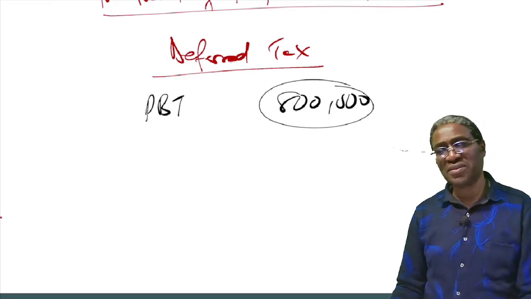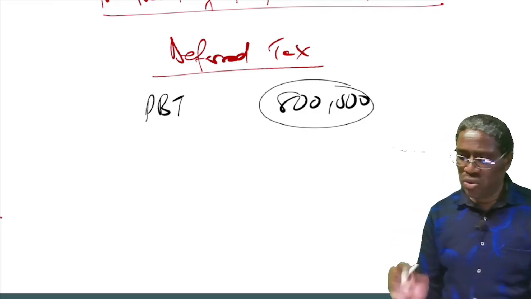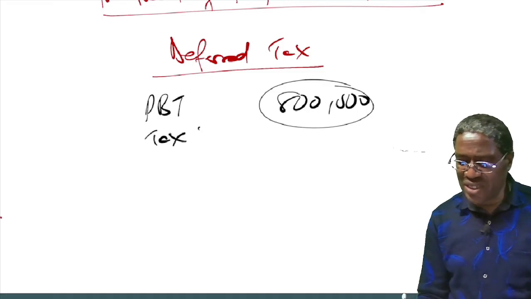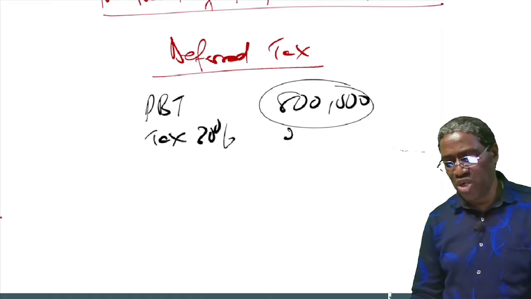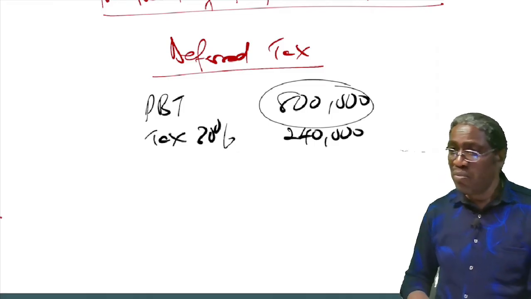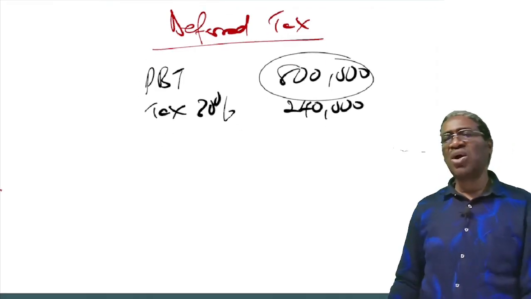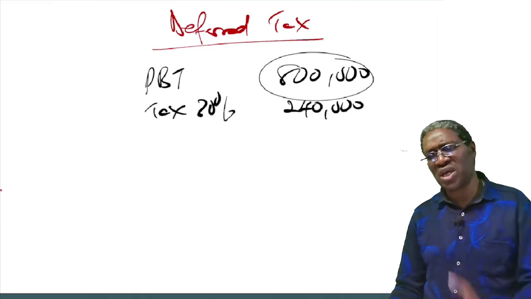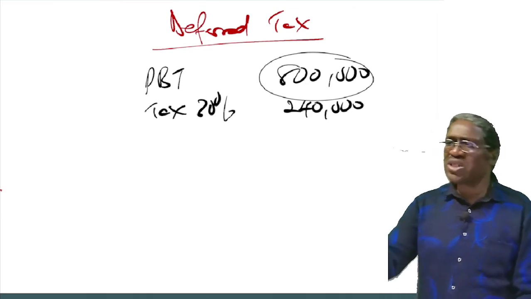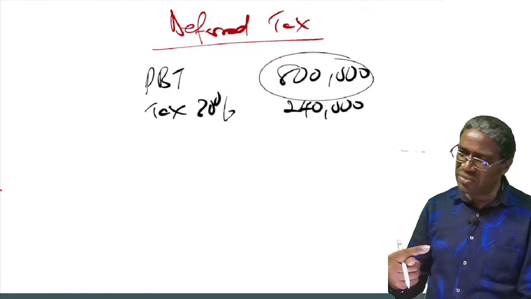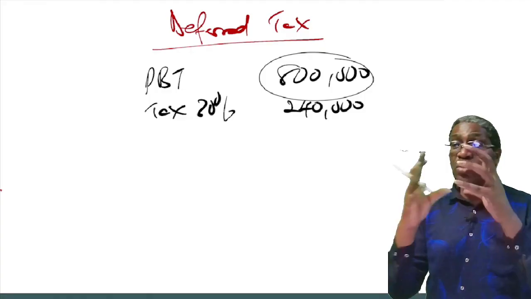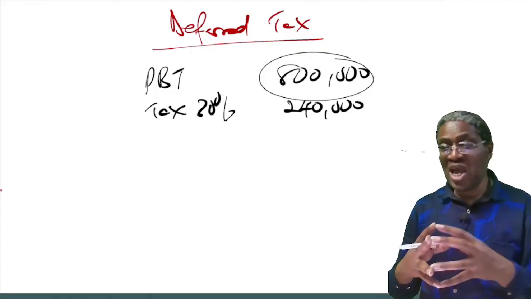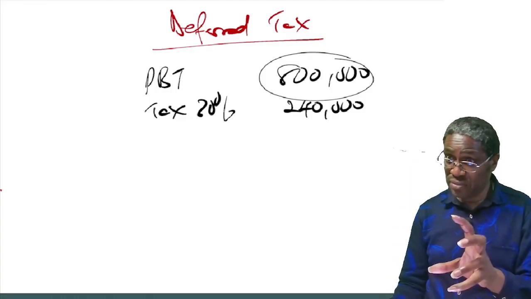Now, listen. You thought, because the tax rate is, let's assume, 30%, you'll be required to pay 30% of 800, which is about 240. But, listen to this now, when you take that 800 to the taxman to tax you, he will not tax you on 800,000. He will calculate his own profit that you should pay tax on according to the tax rules.